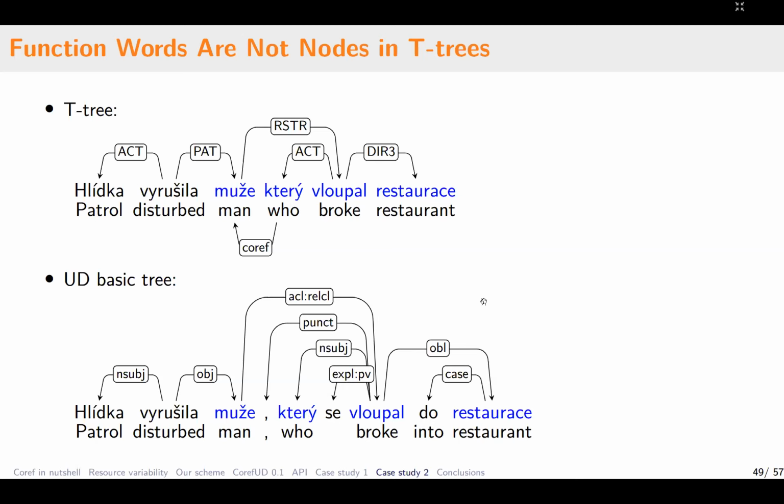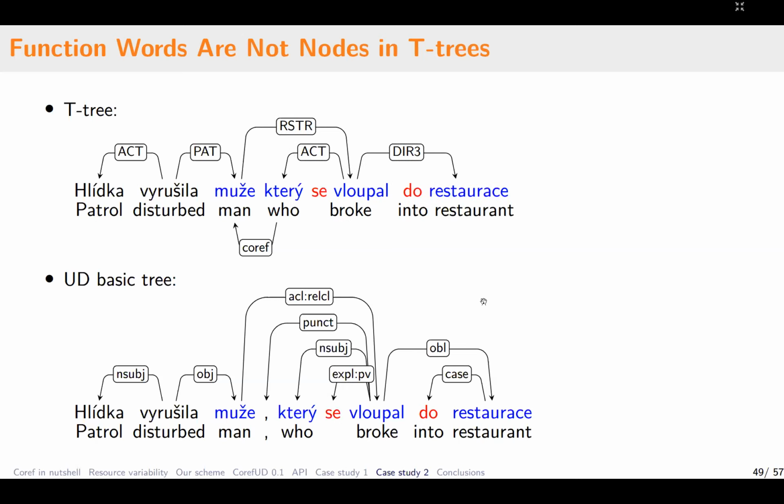But fortunately, it is possible to track down the function words in the tectogrammatical tree, because they are attributes of nodes there. So there are links to the lower layers of annotation, and we can find out that these words actually are associated with the content words, with the verb and the word restaurant. So we can include them in the span so that it's not spuriously discontinuous.